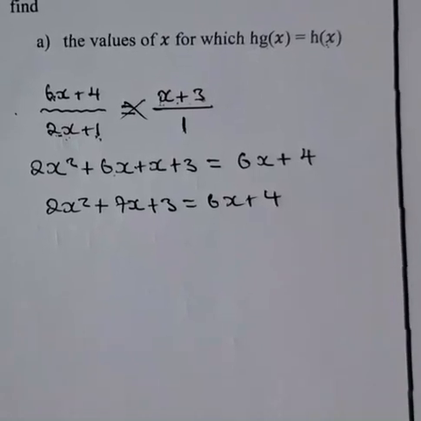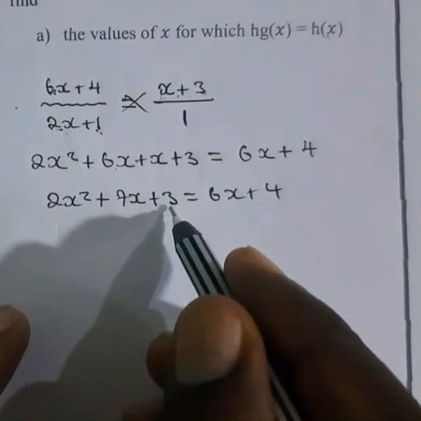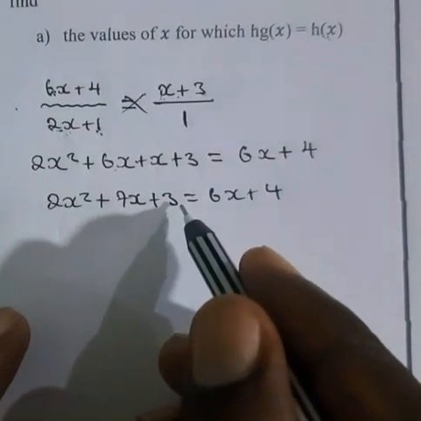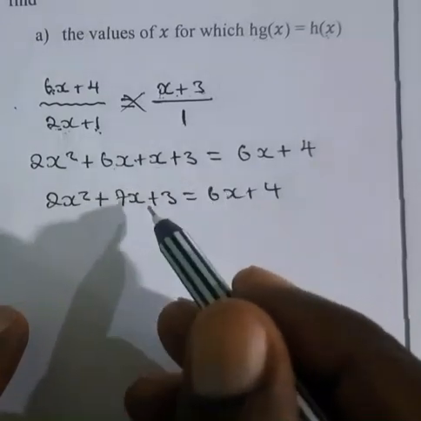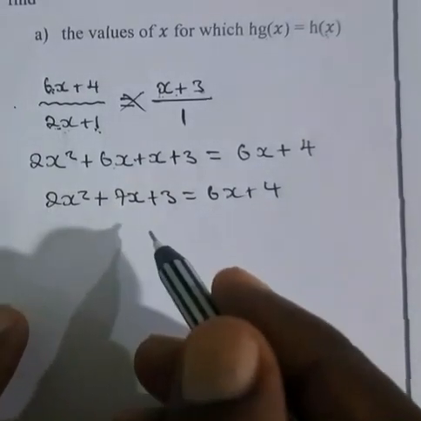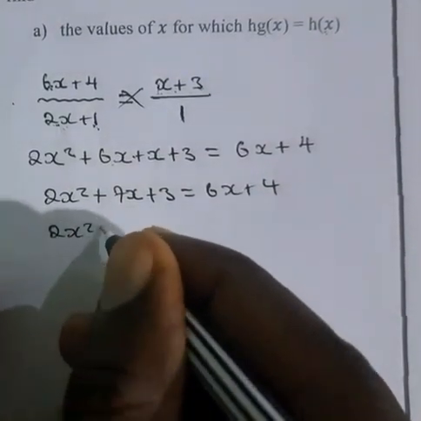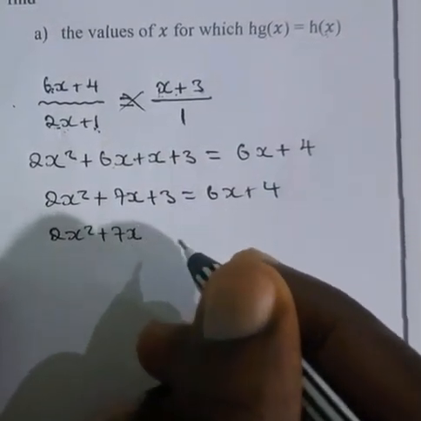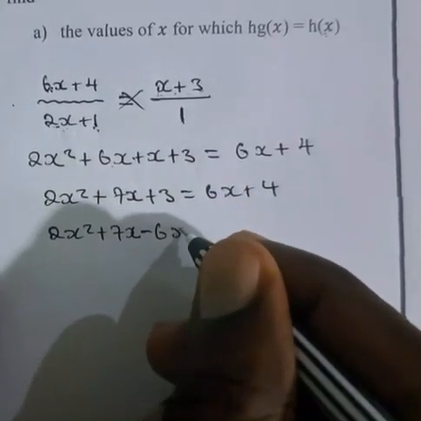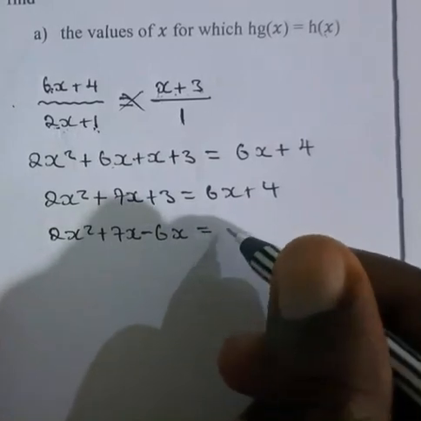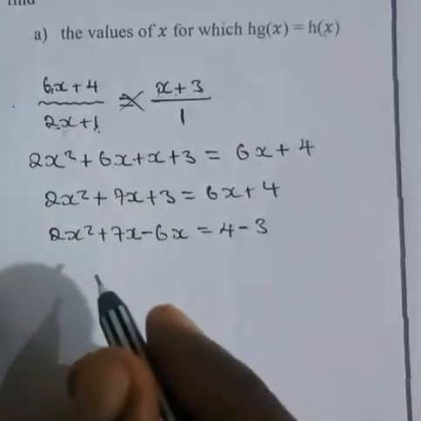Since 3 is a constant without any variable, it goes to the other side, and the 6x, which has a variable, will come to this side where there are all variables. So we have 2x squared plus 7x. I just want to go step by step. This one will become negative: minus 6x is equal to 4. This one will also become minus 3.